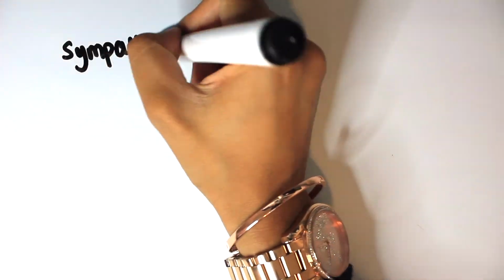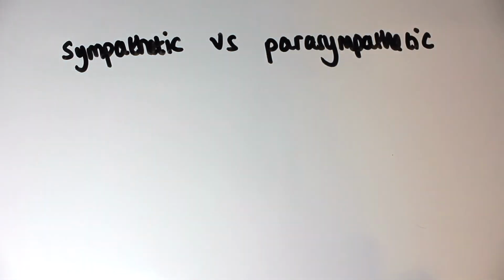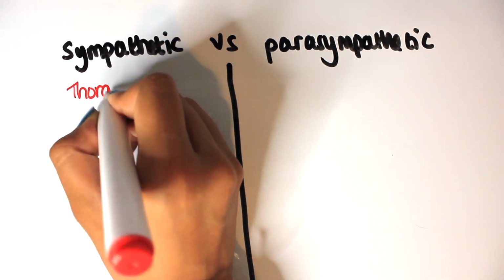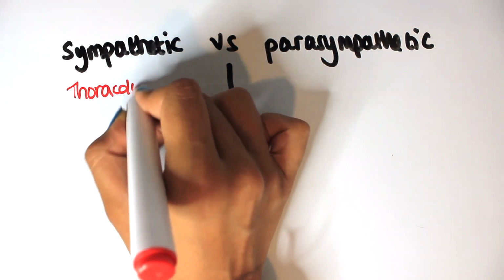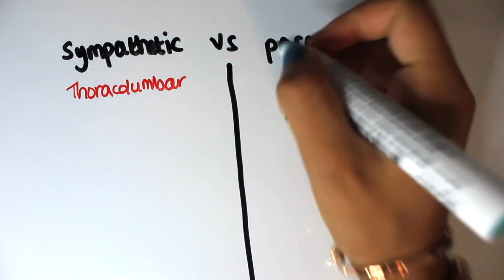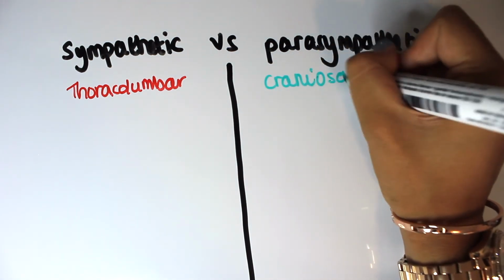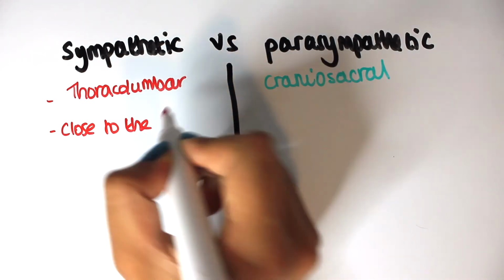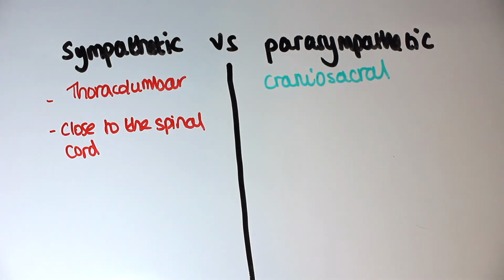Now let's summarize the differences between the sympathetic and the parasympathetic nervous system. So the sympathetic nervous system originates from the thoracolumbar region, and the parasympathetic nervous system originates from the craniosacral region. The sympathetic nervous system lies close to the spinal cord for signals to be sent all over the body.